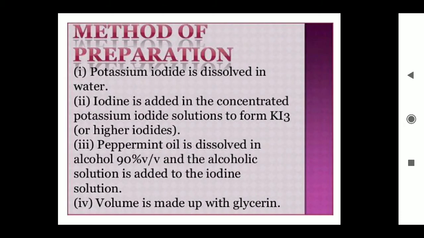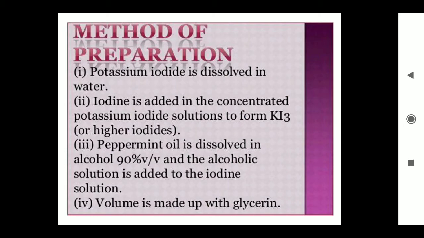The procedure involved in preparation of Mandel's throat paint is: first, weigh the required quantity of potassium iodide and dissolve it in water. Next, iodine is added to the concentrated potassium iodide solution to form potassium triiodide.